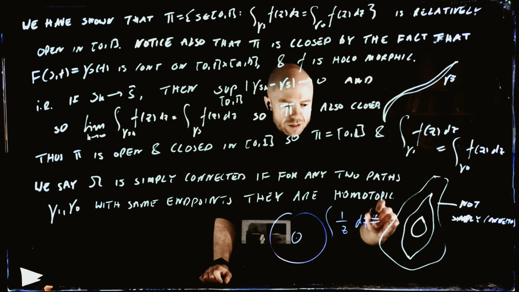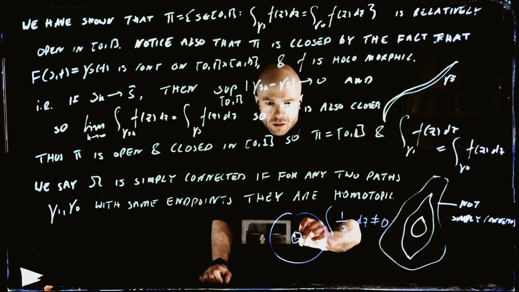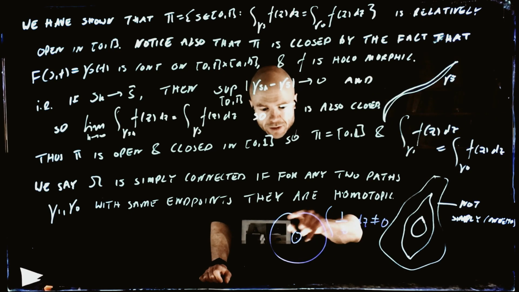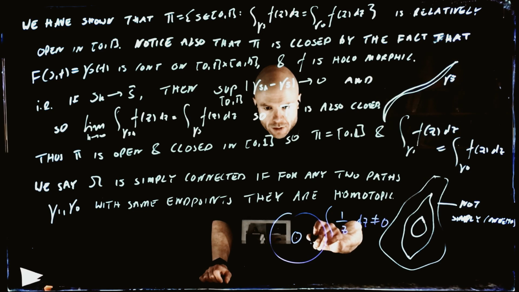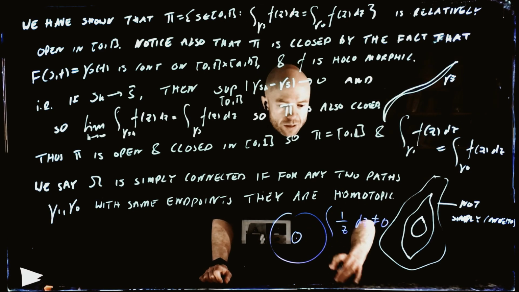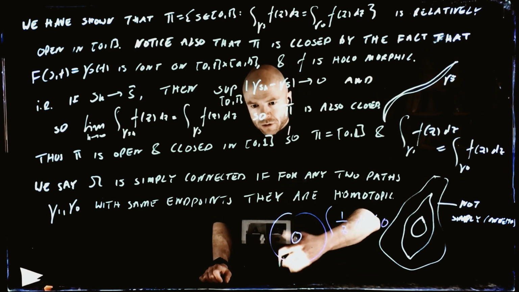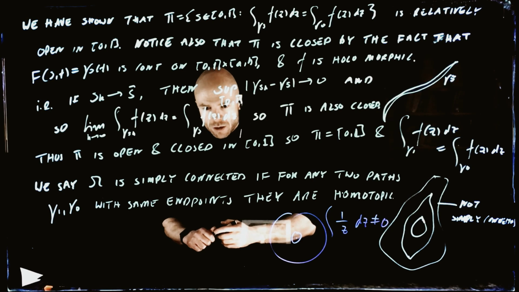So Cauchy's theorem is not true if we have a hole. 1 over z is indeed holomorphic inside this region, but Cauchy's theorem is not true. But if we have a function which is holomorphic on a simply connected set, then Cauchy's theorem actually is true. All the machinery does follow.